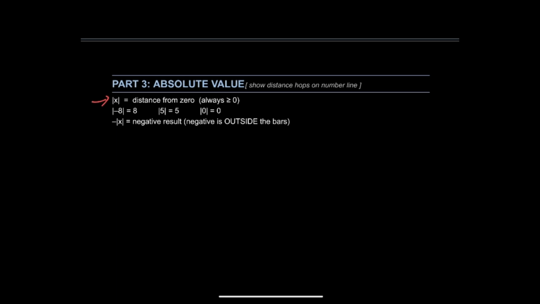The absolute value of 5 is 5, and the absolute value of 0 is 0. When you see a negative in front of the bars, that means it's a negative result. So the negative is outside the bars. That's the only time when you're using absolute values that the outcome will be negative.